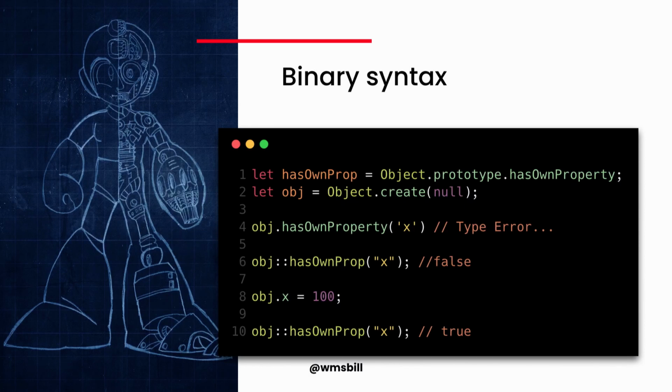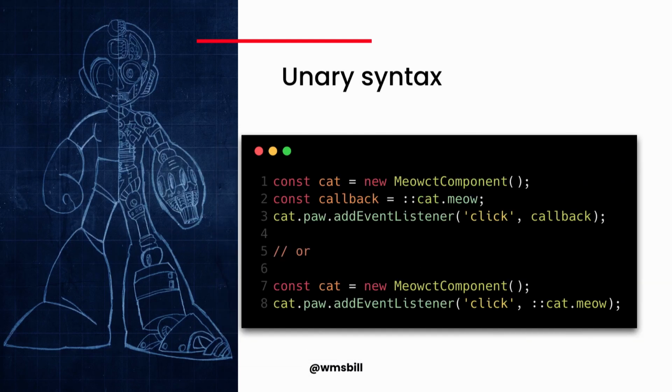It works when it's shipped, of course. And the unary operator is a little bit different. It takes the base of the reference you're passing and sets this as the context of the method. So this line 2 could be the sugar for cat.meow.bind, passing cat inside.